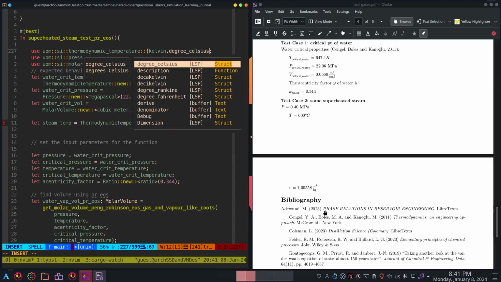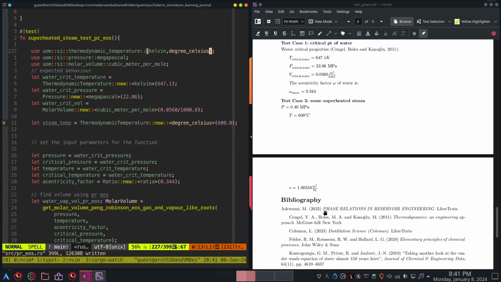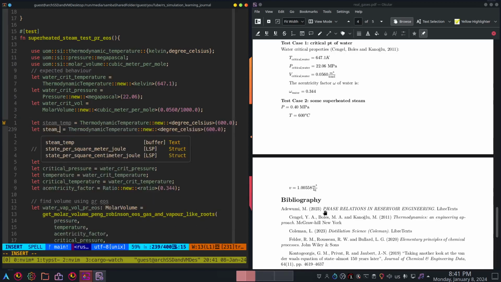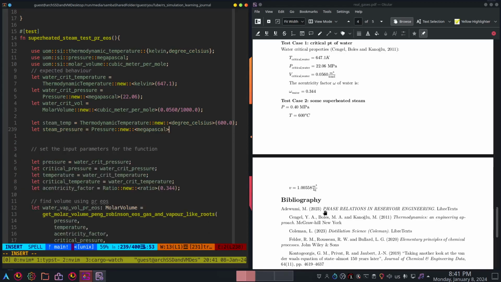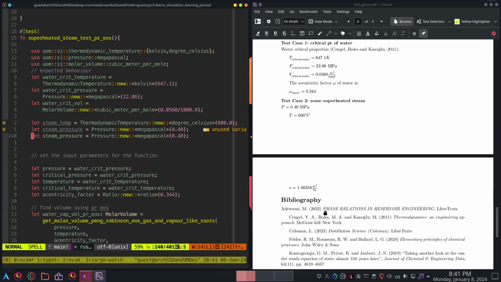Degree Celsius. I'm going to import that. Steam pressure. Okay, I'm going to do pressure new megapascal, 0.40. Steam volume. Okay, this will be specific volume.